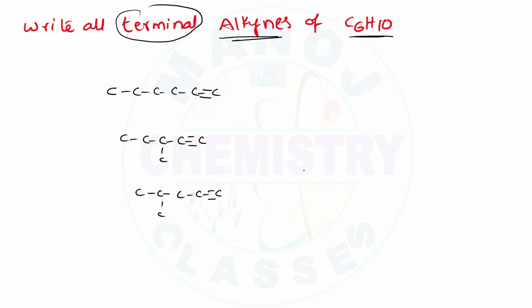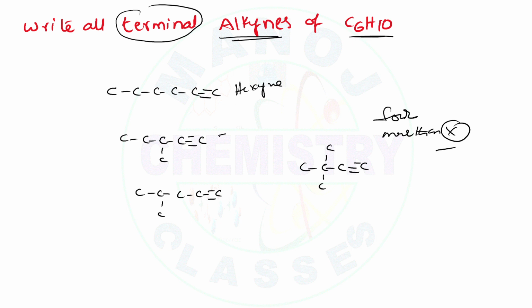One more I can write, 1 2 3 4. So I can write only 4 terminal alkynes. I can't write more than 4. Why? Because they mention only terminal alkynes. Here this one is hex-1-yne.